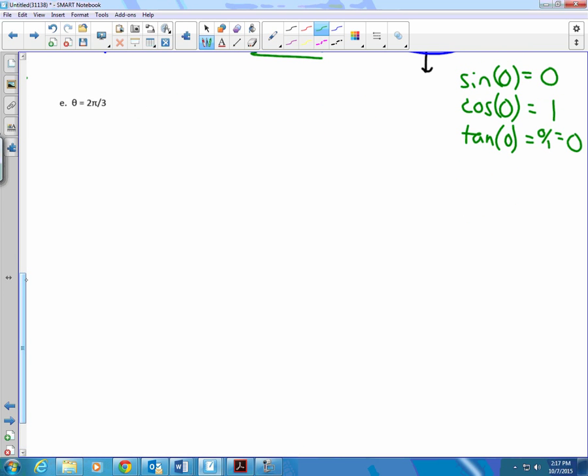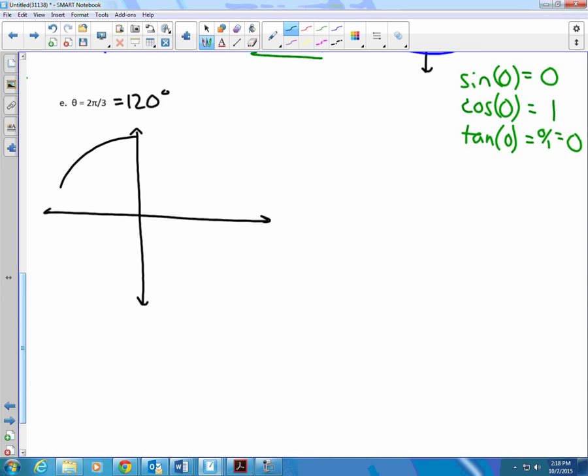Okay? So, 2 pi over 3. Who can tell me the degrees? 120 degrees. Very good. 3 pi over 2 would be 270. 2 pi over 3 is 120 degrees. Now, super important that you focus through this part.